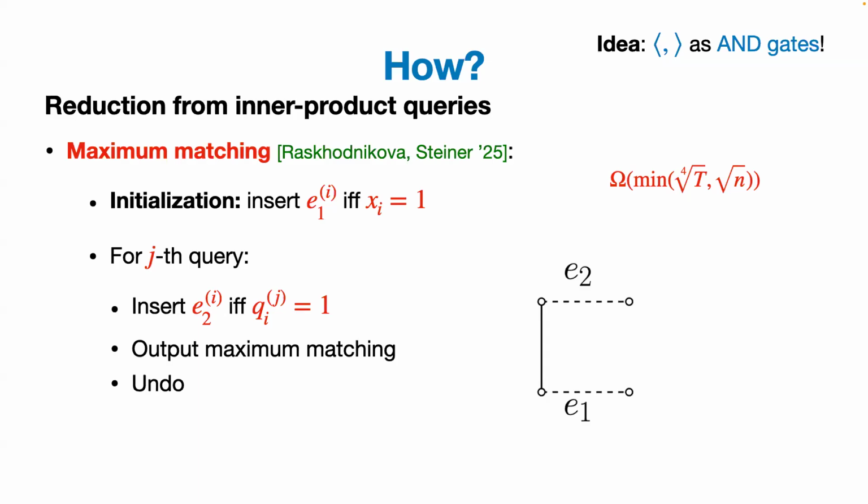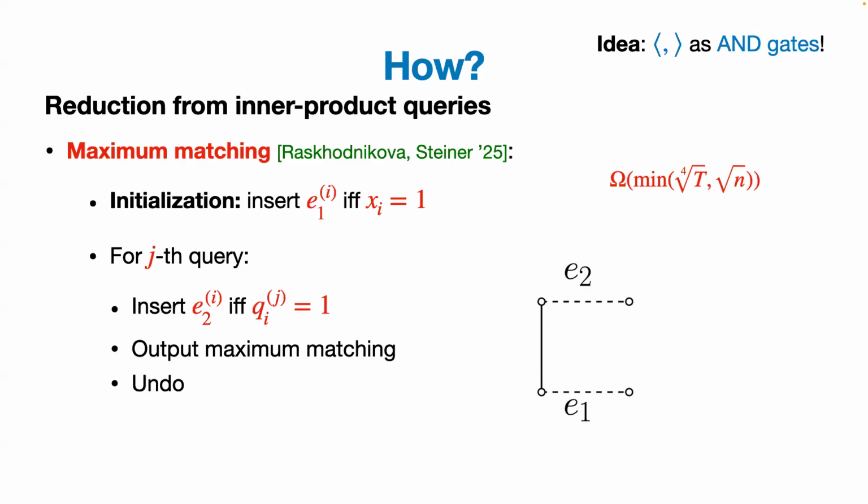In the beginning phase, we add these E1 edges for each one that we have to. And then for each one of the queries, we add the query edges E2 that we want. We take the size of the maximum matching, answer the query, and then undo whatever we did, which means we remove all of the edges E2 that we inserted.